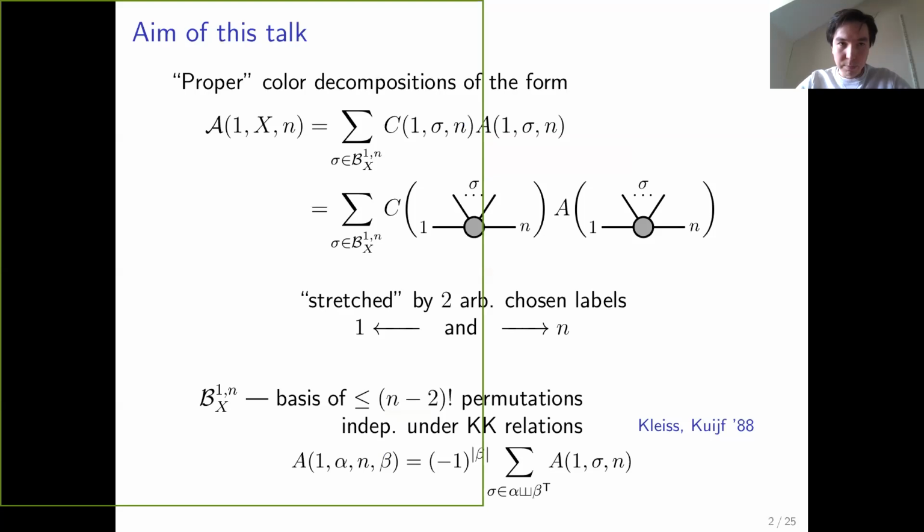So the main aim of this talk is to present you some flexible color decompositions of this form where at tree level I'm denoting a color dressed amplitude with a calligraphic A, and I want to expand it in some basis B in terms of color ordered amplitudes without calligraphic script and with some color factors.